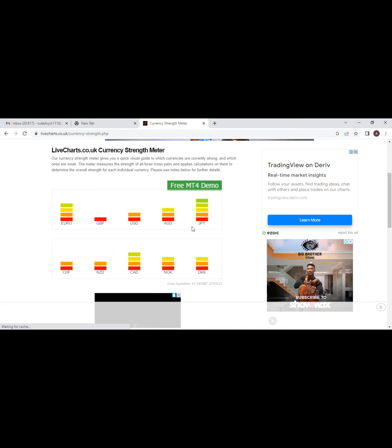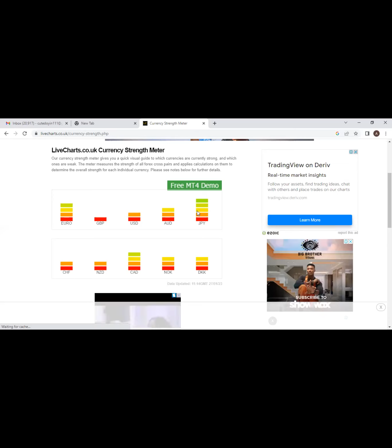But note, anytime you're using this currency strength, write this down. Let it be at least 3 bars difference. Note, when using currency strength, let there be at least 3 bars difference between the base and the quotes. Here, none of them is 3 bars difference. Good, I was going there.